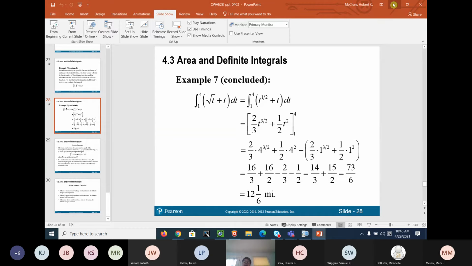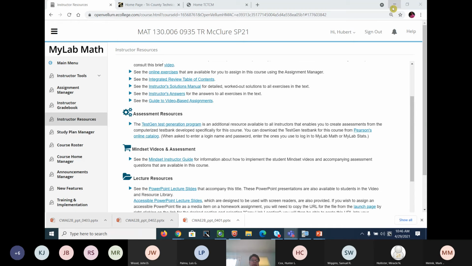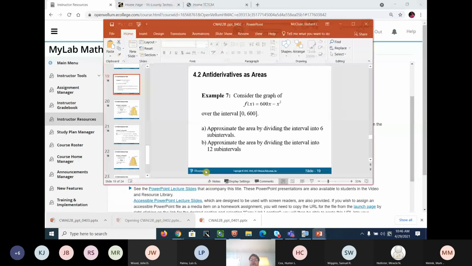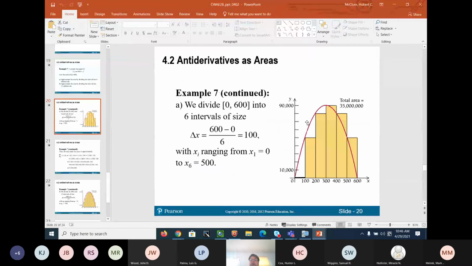I wanted to show you something out of 4.2, and the reason is Riemann, because you can do some of the questions with Riemann and some of them with the antiderivative. Either you have the triangle discrepancy on the outside or on the inside. You get the midpoint of 100 and 200, and you multiply the midpoint times f of x.